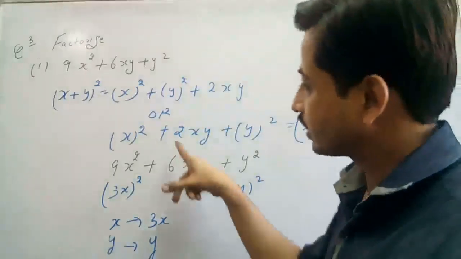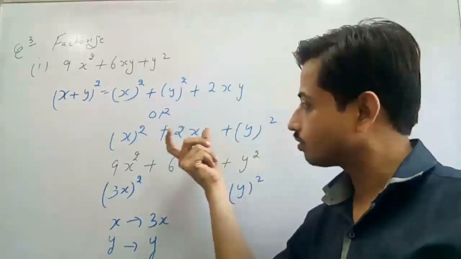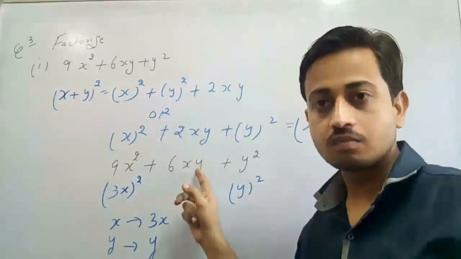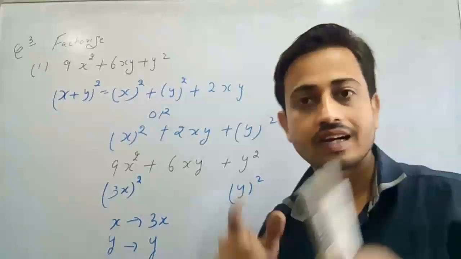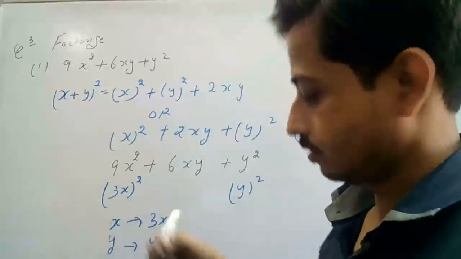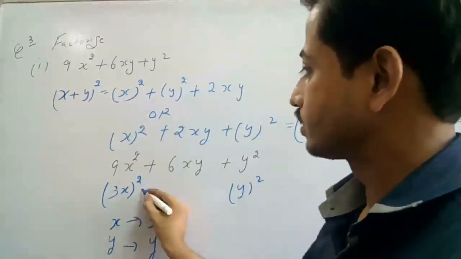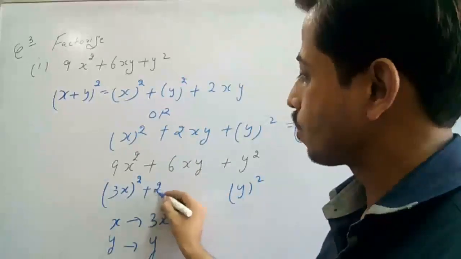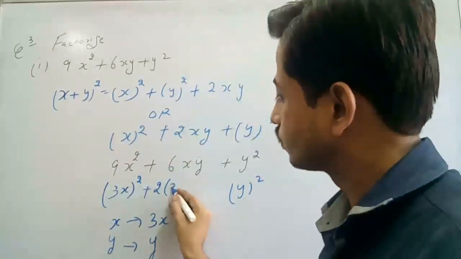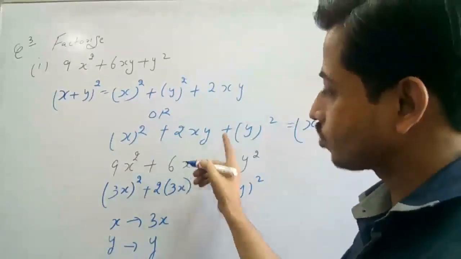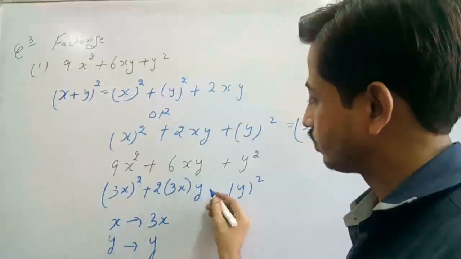Now apply the condition and check whether, on solving, we get this term or not. If we get it, that means we are doing it correctly. Plus 2 into x. Our x is 3x, and y is y.